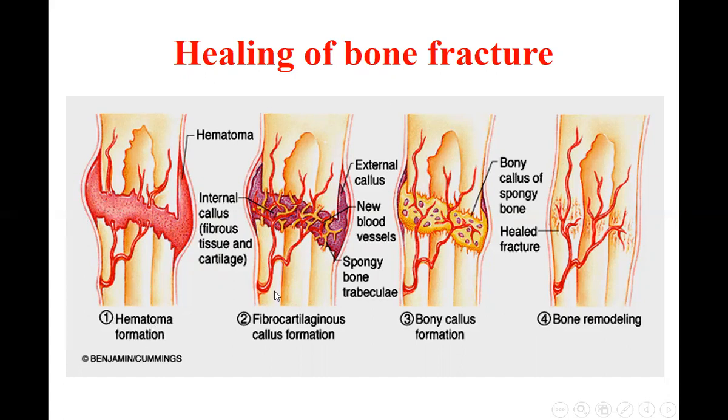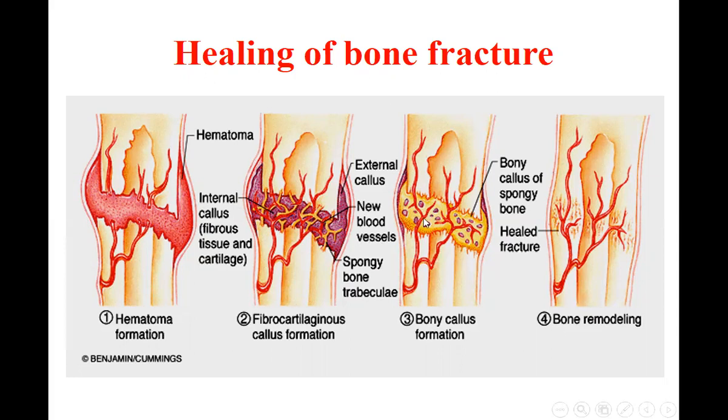Then within this hematoma, there will be formation of the fibrocartilaginous callus. Slowly the broken arteries will rejoin, as well as there is distribution of the fibrocartilaginous material within this hematoma in the second stage. Then, if there is sufficient calcium within the body, there is bony callus formation.